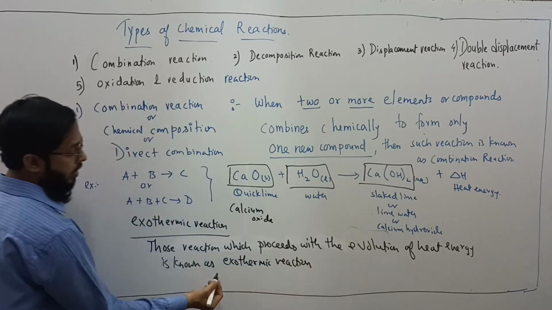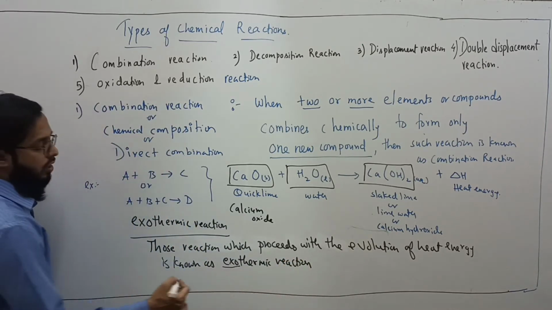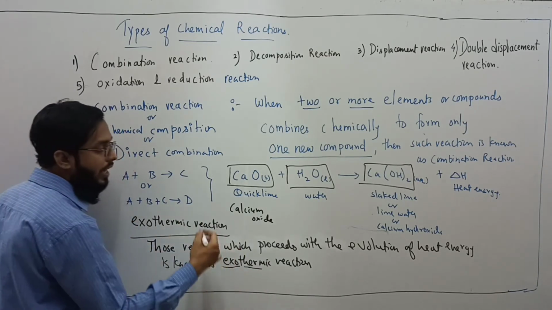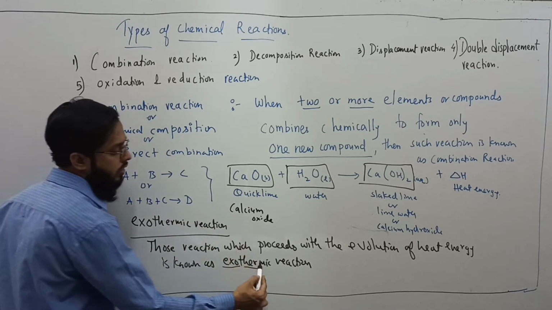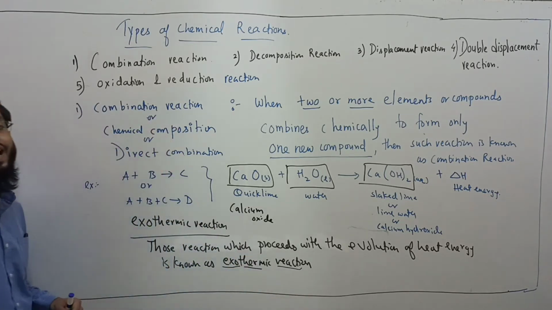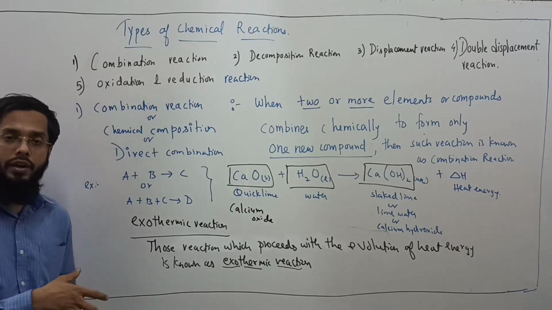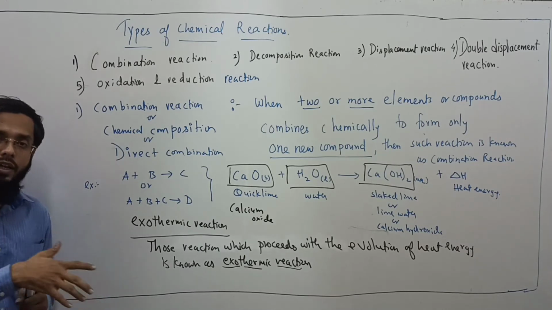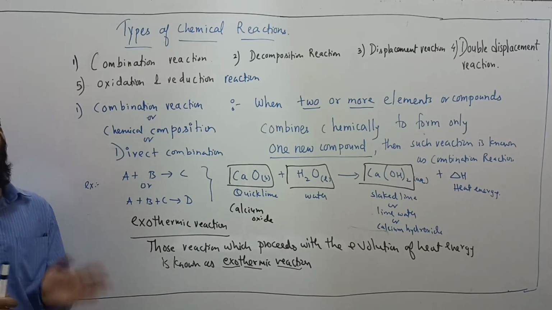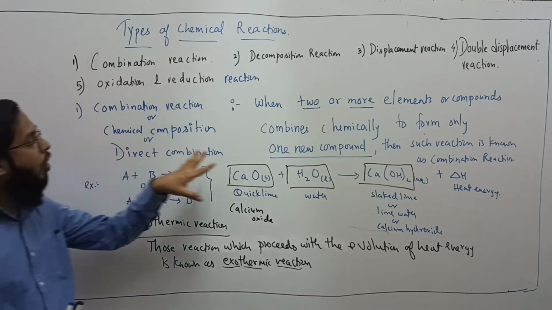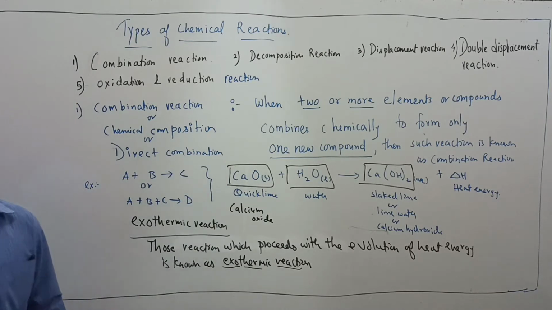That's a different topic. Exo means out. Thermic means heat. Heat out. So heat is given out. Such kind of reaction is known as exothermic reaction. And those reactions in which heat is required, heat is going inside, that's called endothermic reaction, which we are going to talk about later. Now let's focus on combination reaction.